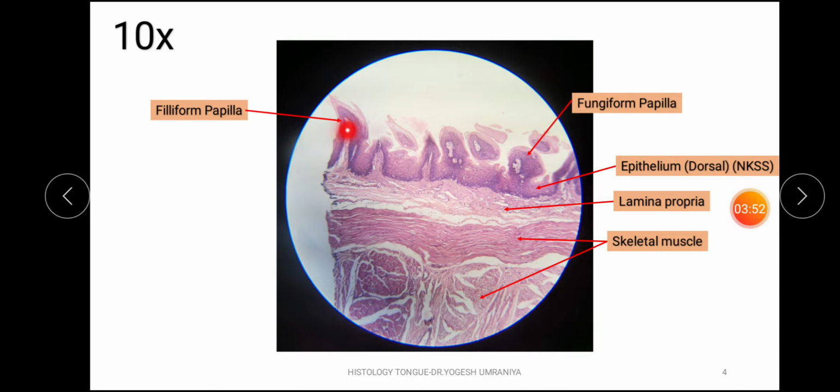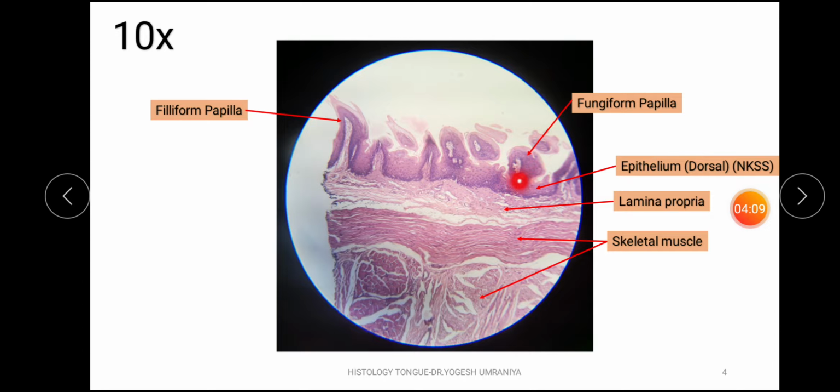This is just to fill the gap and to increase the friction between the food and the tongue surface. And the tip of this filiform papillae has keratinization.